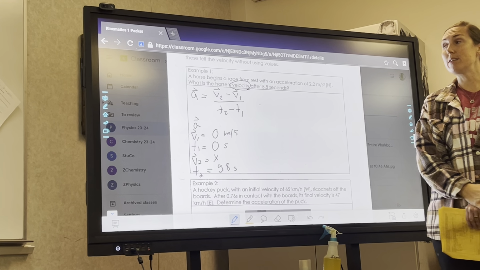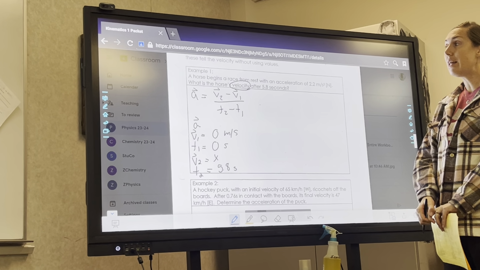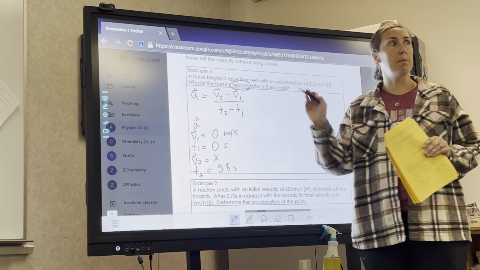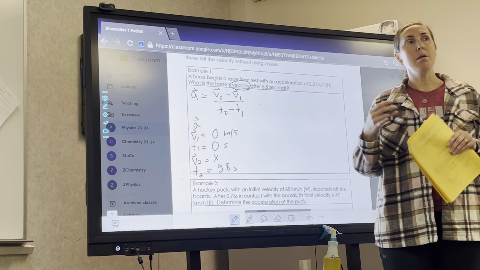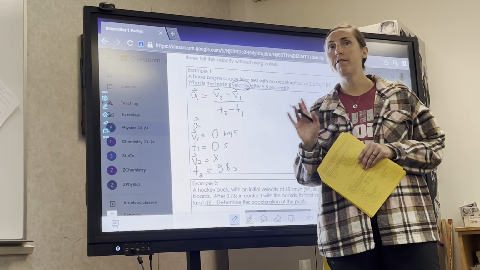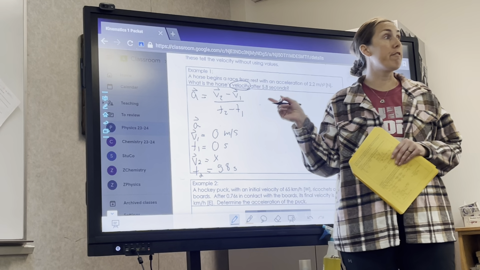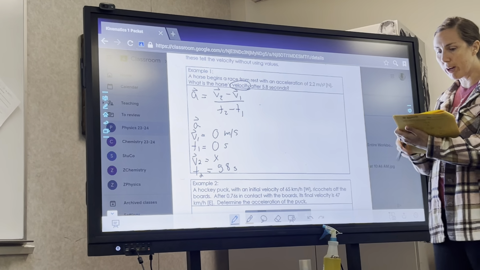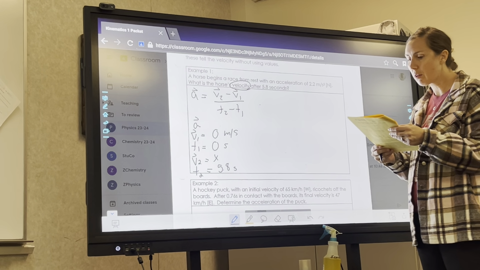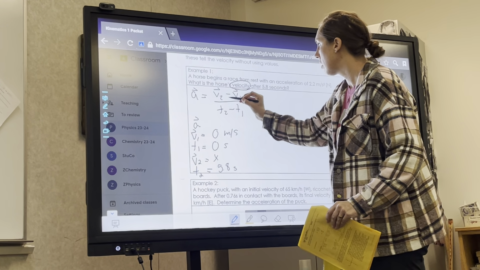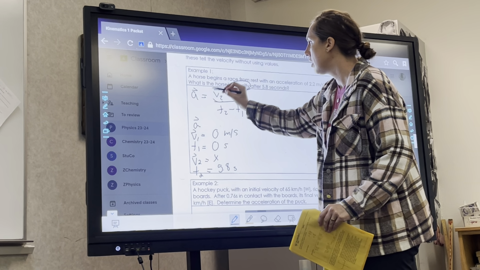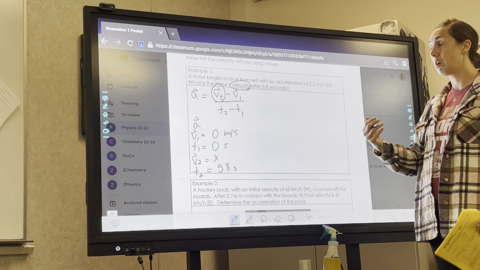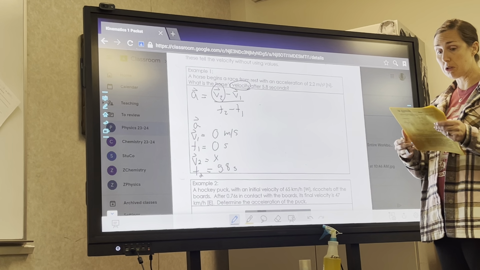Okay, so there's 2 ways to do this. I like subbing everything in and then trying to solve for that one number, but a lot of people say, hey, before you sub in for any numbers, just manipulate the formula to where you're solving for what you need. So if we are solving for V2, let's manipulate the formula to where we have V2 equals.